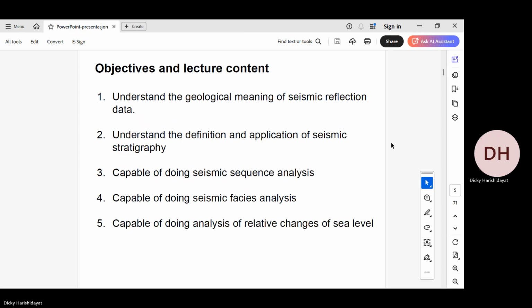Today we will discuss the first part of this lecture, which is to understand the geological meaning of seismic reflection data, and to understand the definition and application of seismic stratigraphy. And the last one is to be capable of doing seismic sequence analysis. Objectives 4 and 5 are available in another video lecture on my YouTube channel.